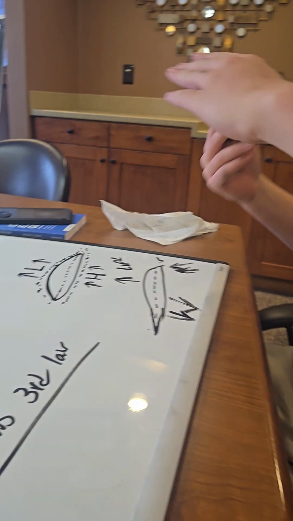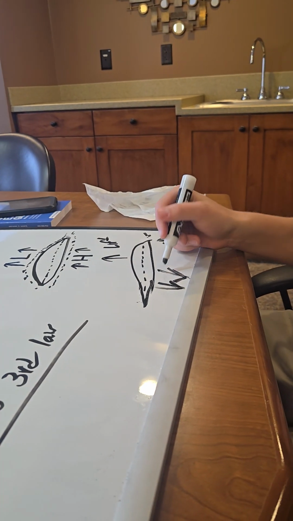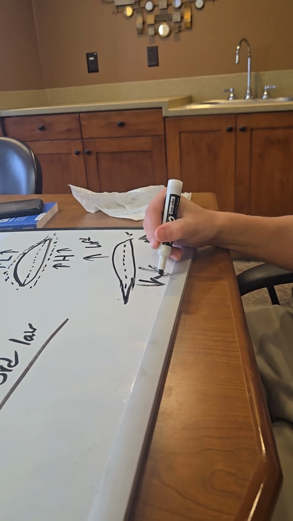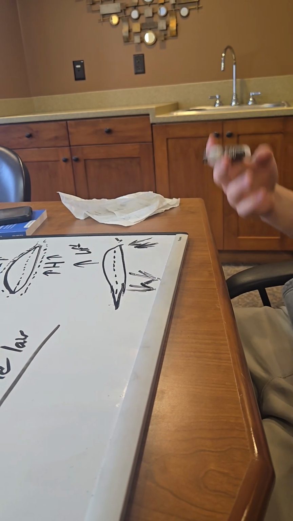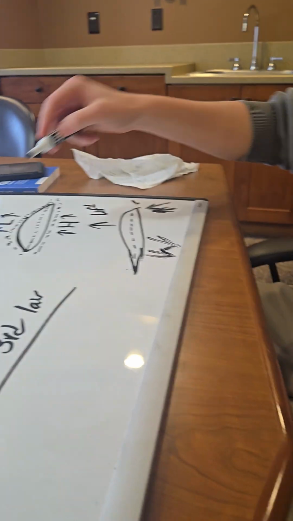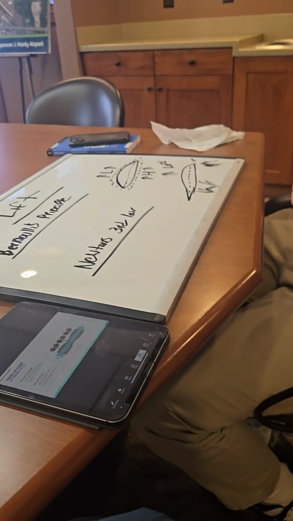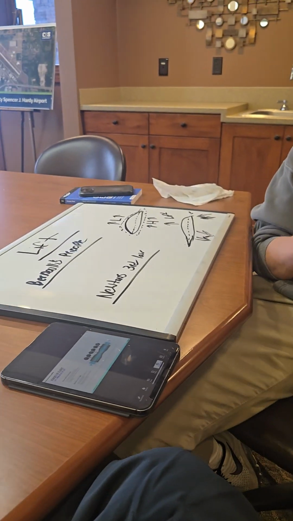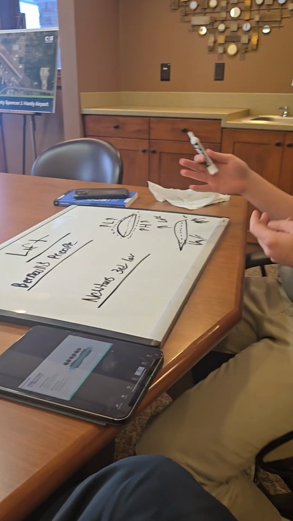That airflow hits the bottom of the wing, and then we have that equal and opposite reaction pressing down, helping us create lift. So that's Newton's third law and how that creates lift. Those are the two principles that help us produce lift.